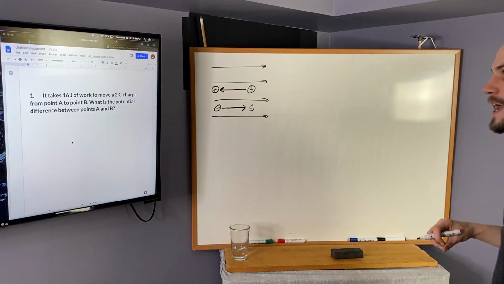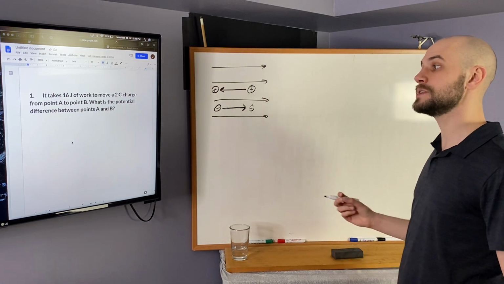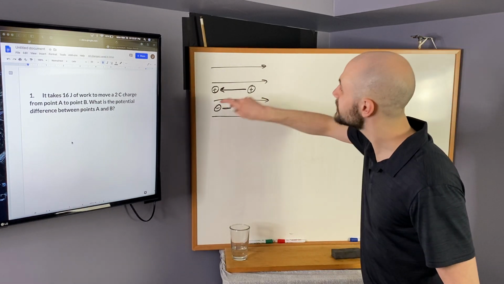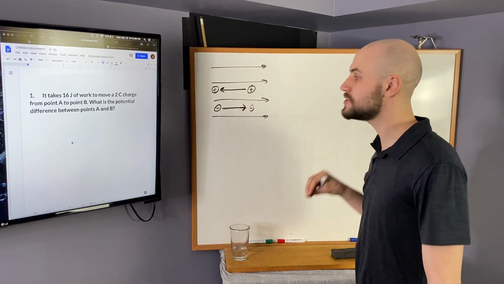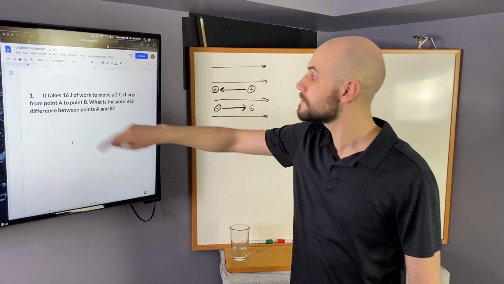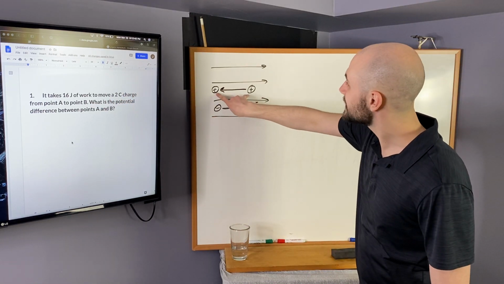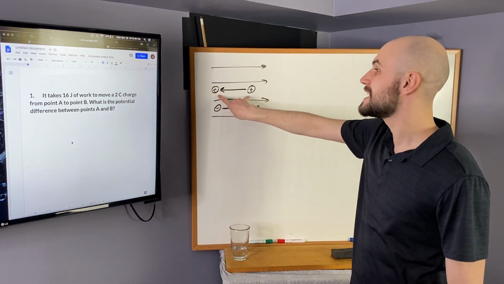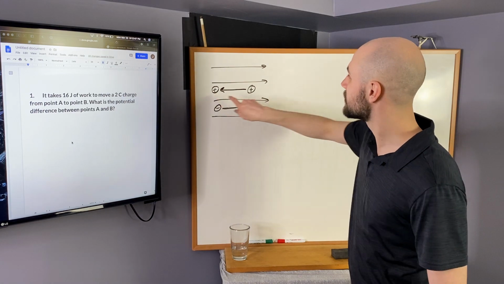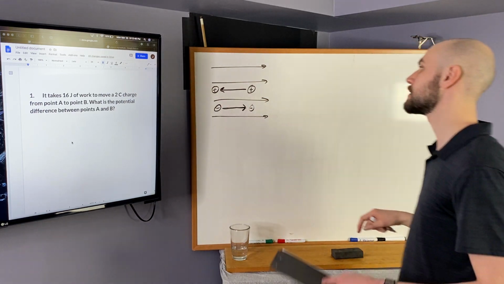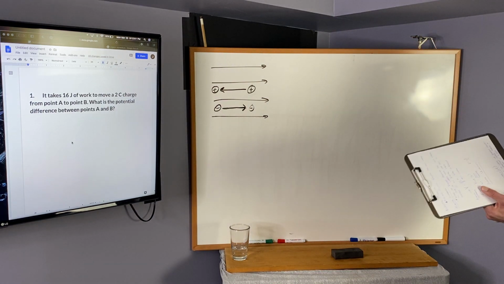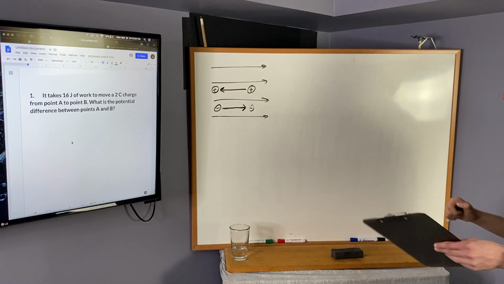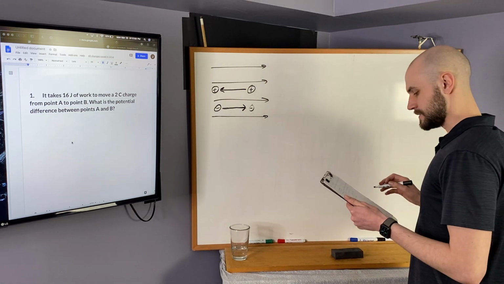So we know how much work we have to do to move this charge through this electric field. We want to know the potential difference between those two locations in space. By understanding the potential difference between these 2 points, it doesn't matter what charge we have, we can better understand how these 2 locations work electrostatically, if that makes sense.